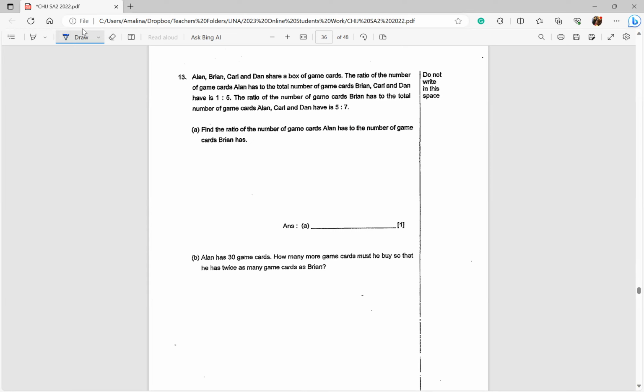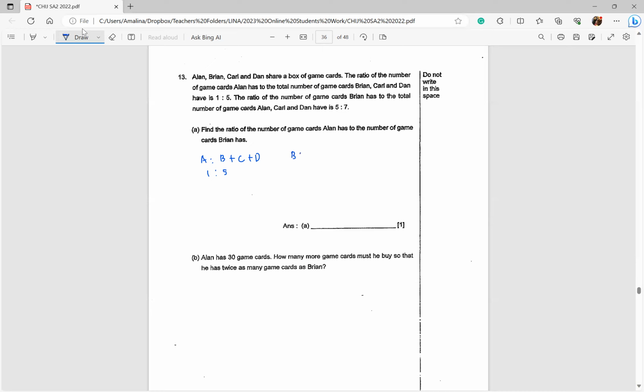Okay, so let's record your ratio down. So first ratio given is my Alan to my Brian plus Carl plus Dan. So this is 1:5. Now, the ratio of the number of game cards Brian has to the total number of game cards Alan, Carl, and Dan have is 5:7.